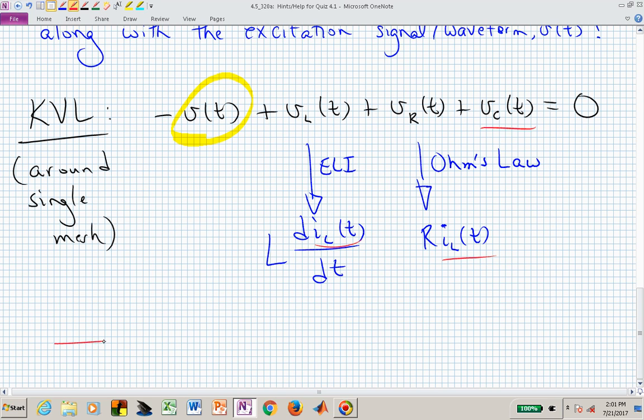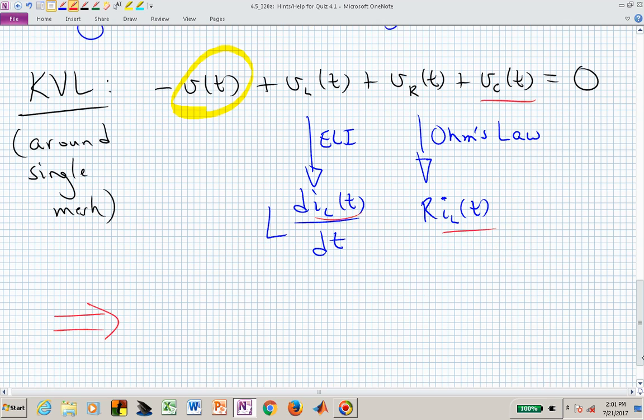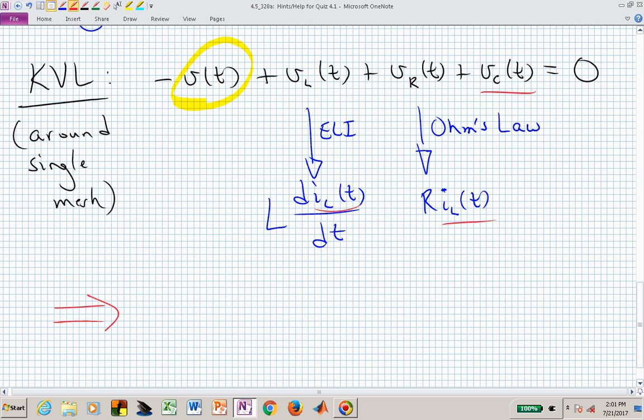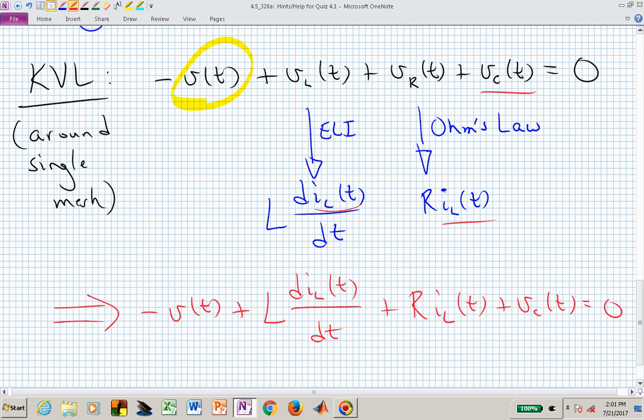That allows us then to write one differential relationship, and that's minus V of t plus L di sub L of t dt plus R I sub L of t plus V sub C of t is equal to 0. In this particular case, here's a first order differential equation.